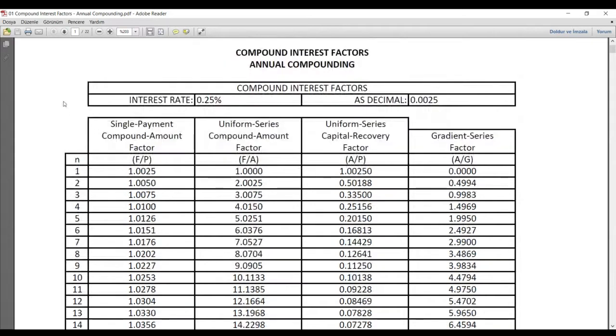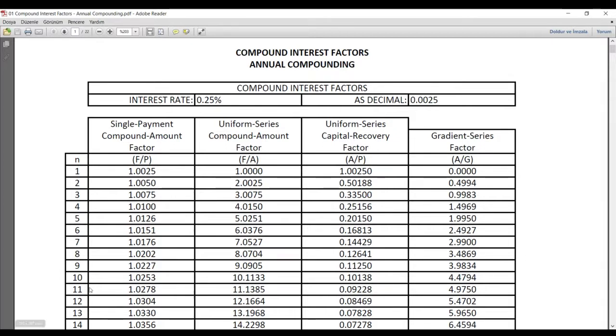Therefore, when the interest rate is fixed, the compound amount factors and the capital recovery factor and the gradient series factor are just monotone functions of the number of investment years. As the number of years increase, these values monotonely increase or decrease. So they are just monotone functions.